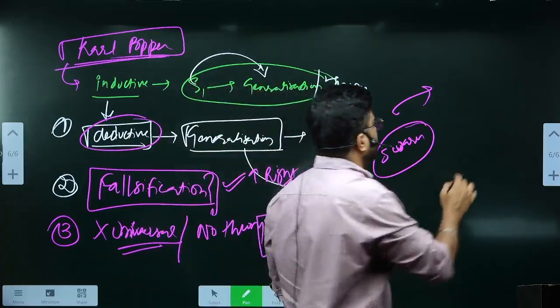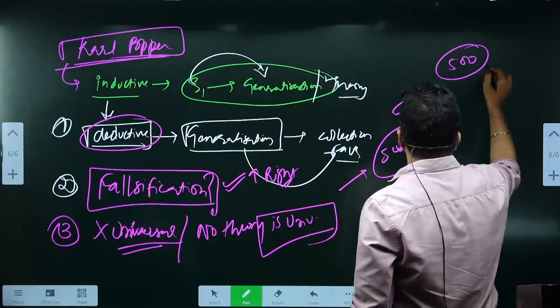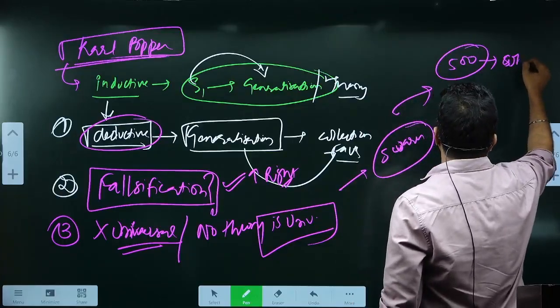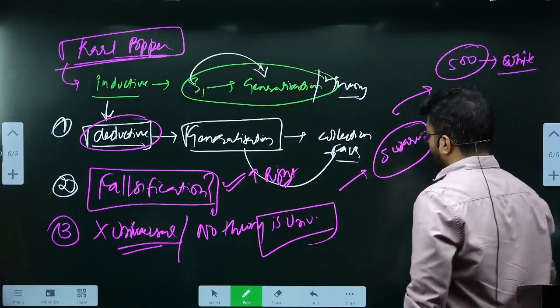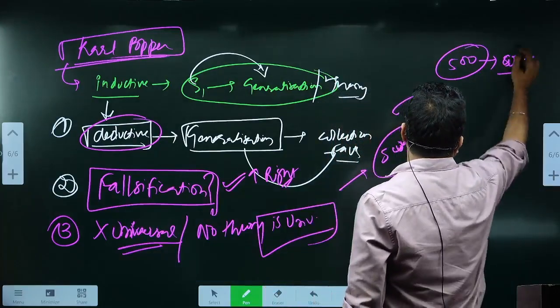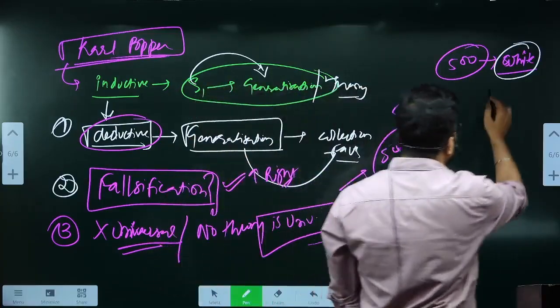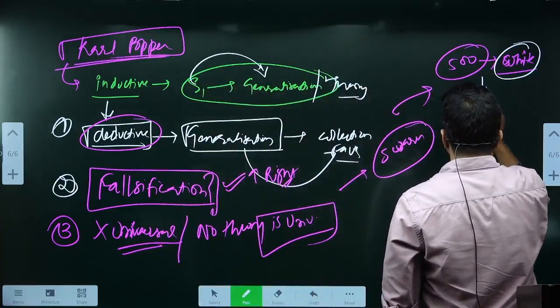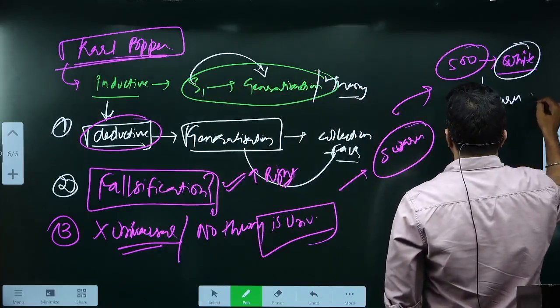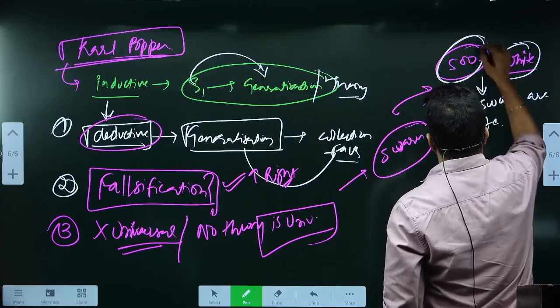If he observed 500 swans, and all these 500 swans were white in color, and he made a general theory, a universal theory, that all swans are white on the basis of this sample size, 500.